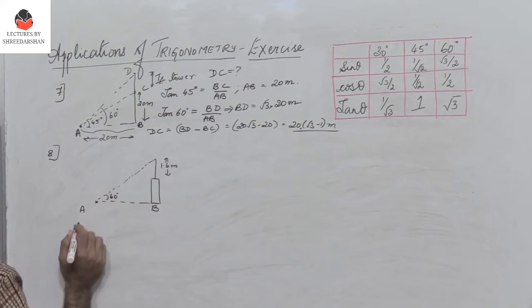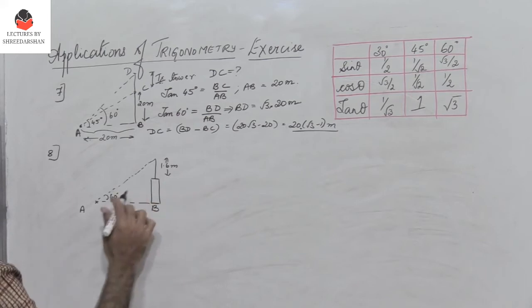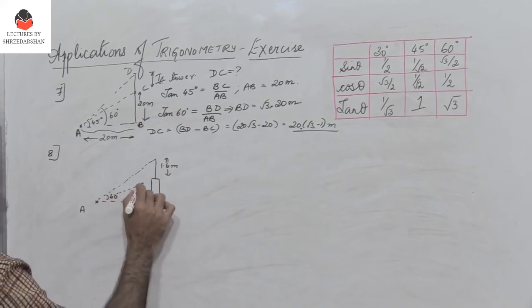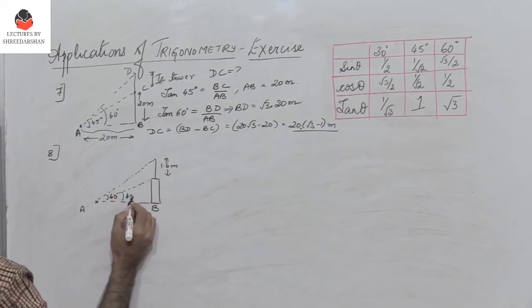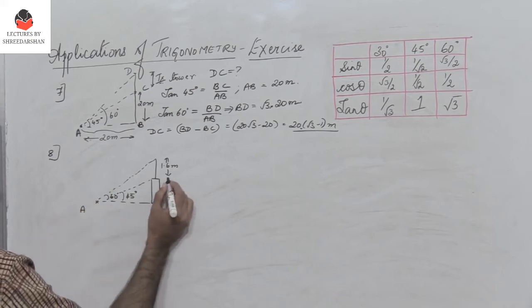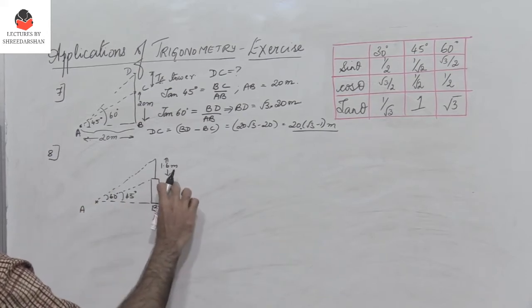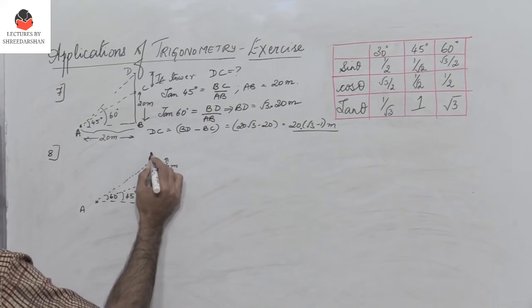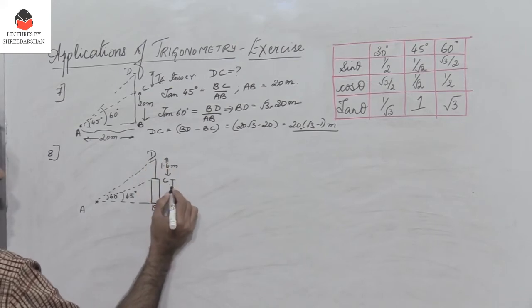And from the same point, the angle of elevation of the top of the pedestal is 45 degrees. I need to find the height of the pedestal. Let this be C and D. So I need to find BC.